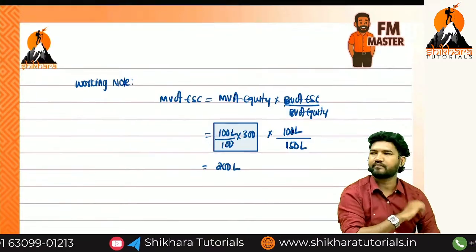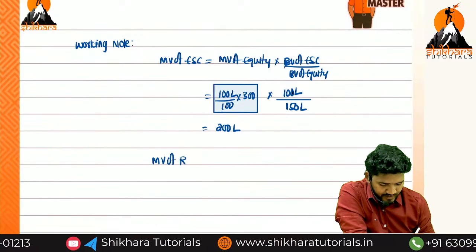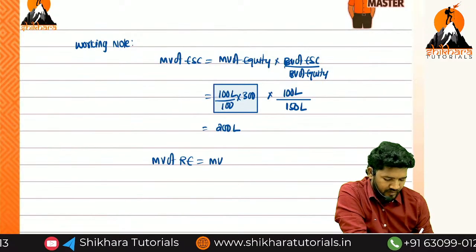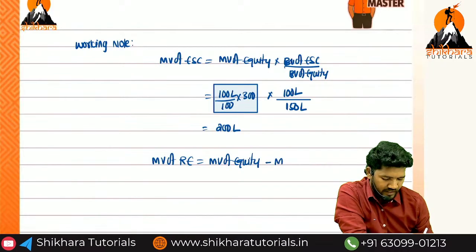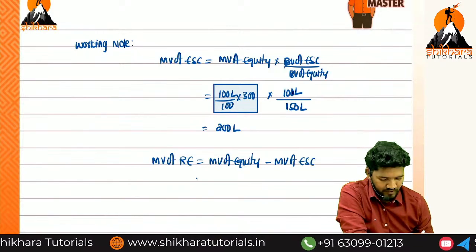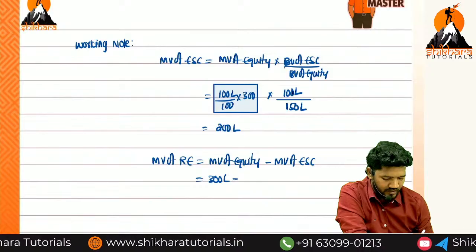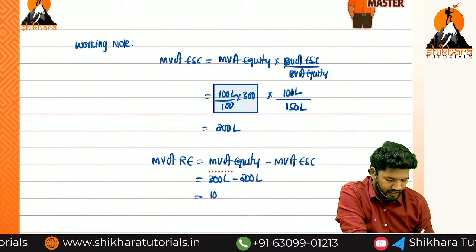Now market value of retained earnings, I already said: market value of equity minus market value of equity share capital. Market value of equity 300 lakhs, equity share capital value 200 lakhs, retained earnings value 100 lakhs.